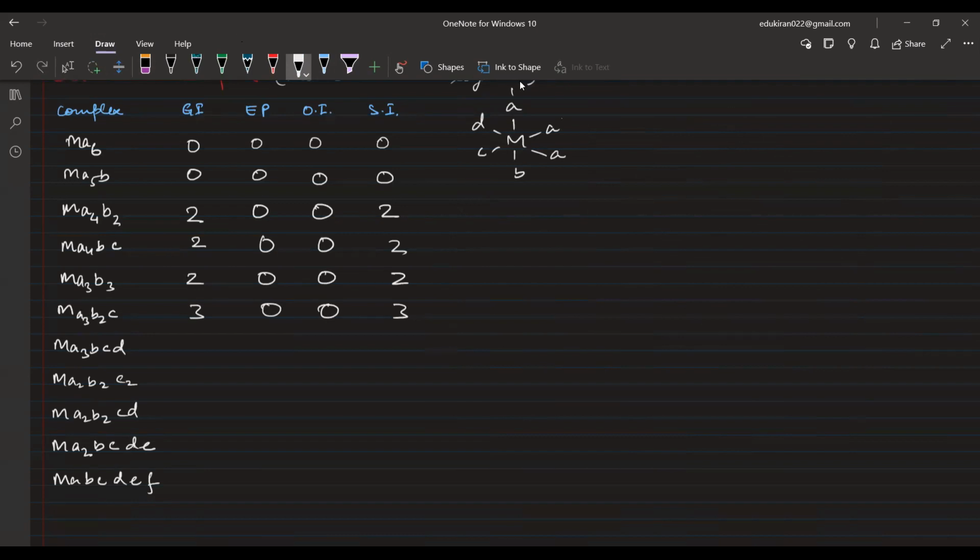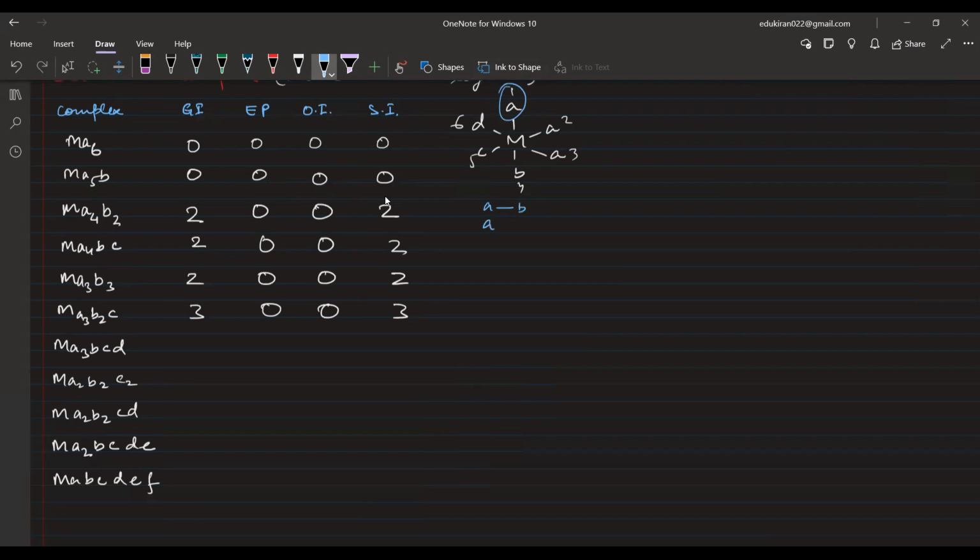So if I have 1, 2, 3, 4, 5, and 6, tell me this ligand A is 180 degree to what? Ligand A. B. B, right? Correct. So it is 180 to B.